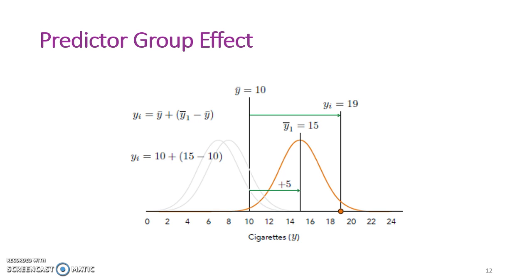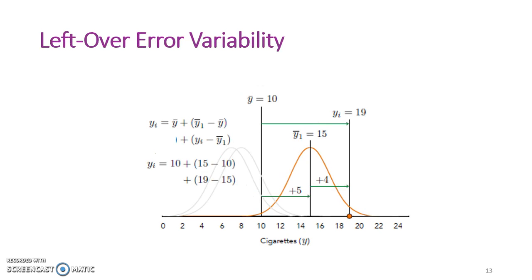In our example, that is 10 plus 15 minus 10, which we know is 5. Then for the leftover error variability, we add to that equation the difference between the observed score and its group mean, the difference between 19 and 15, which is 4. So we can see how this score is the sum of these different means, the difference between the means, and the difference between the score and the group mean.